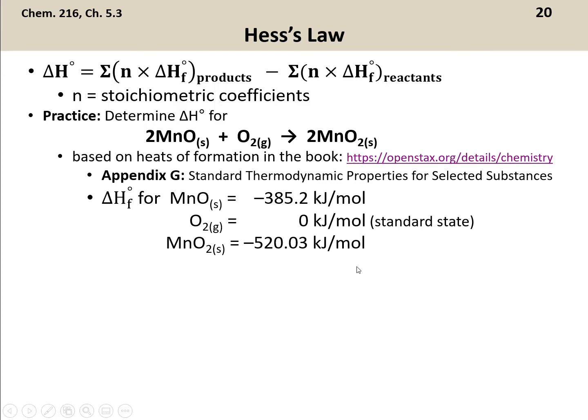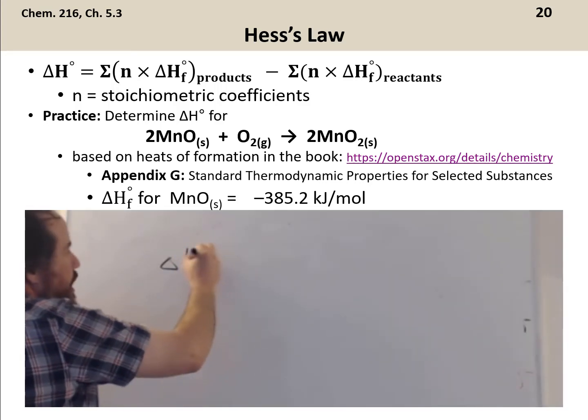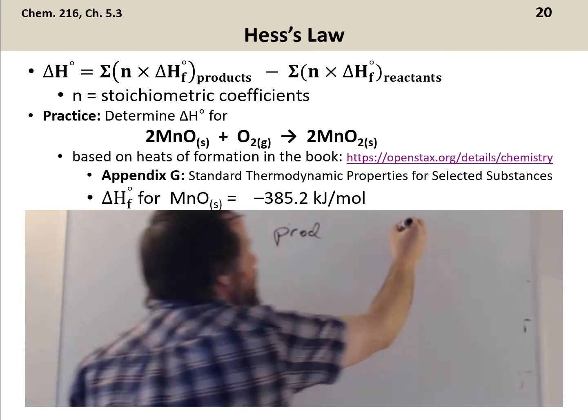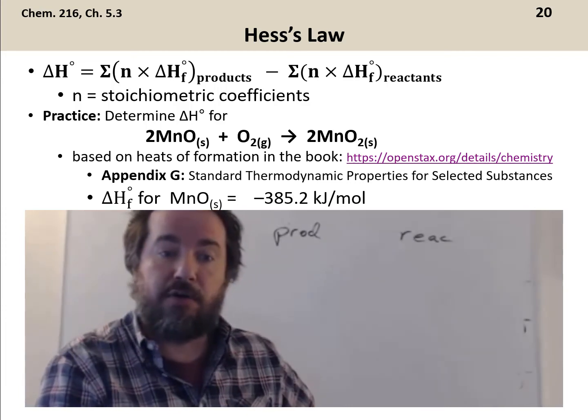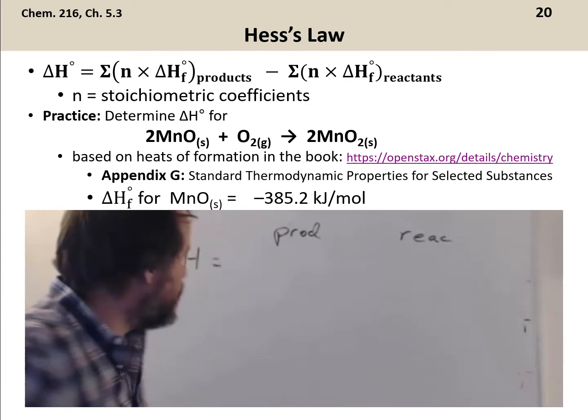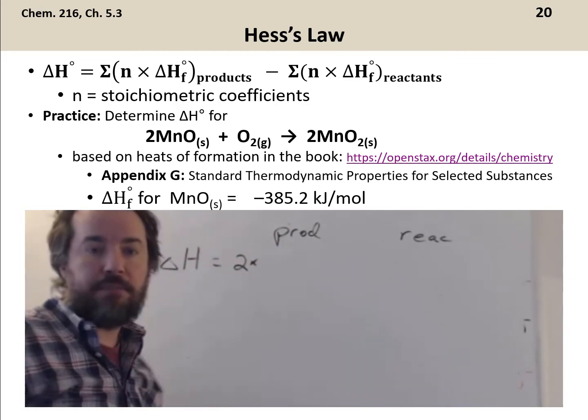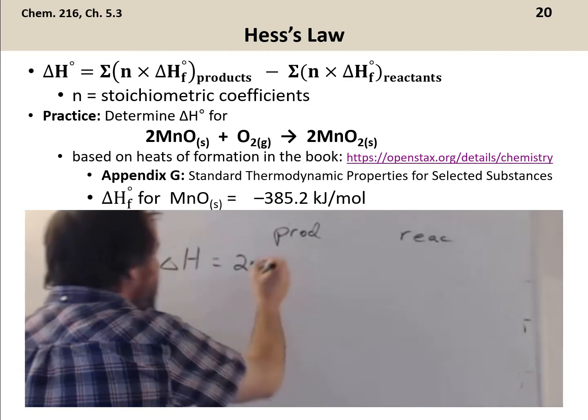All right, so now I can just use these in order to figure out delta H for that reaction. Let me put this on the board. So I want to figure out delta H, so I use my products minus my reactants. What are my products in this case? It's MnO2. So I have 2 of those. So I do 2 times negative 520.03.